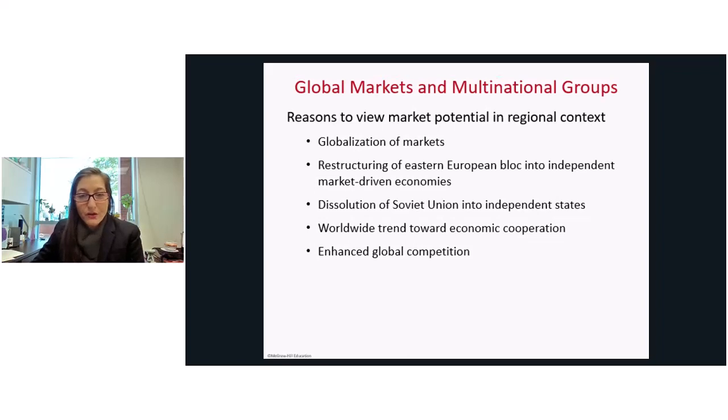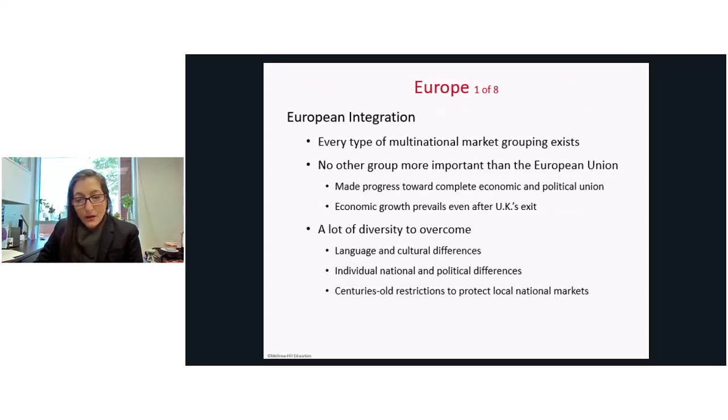There's a restructuring of the Eastern European bloc into independent market-driven economies, the dissolution of the Soviet Union into independent states, a worldwide trend towards economic cooperation, and enhanced global competition. These are reasons to view the market potential in a regional context. All right, so now let's look at the various geographies, starting with Europe.